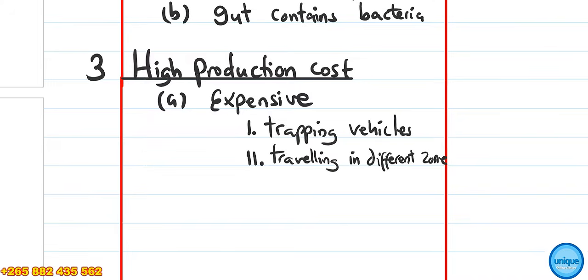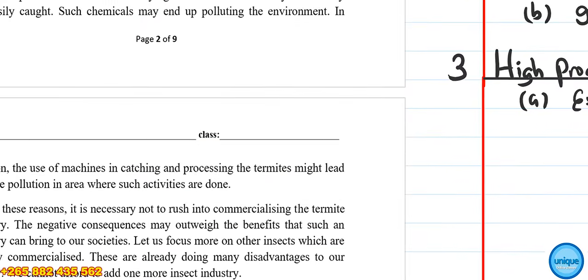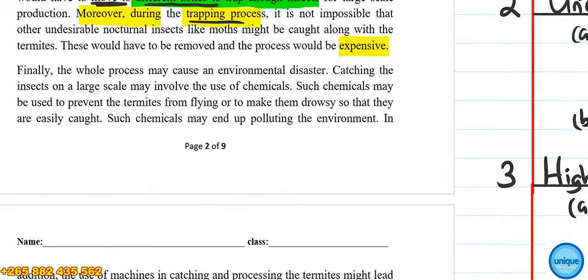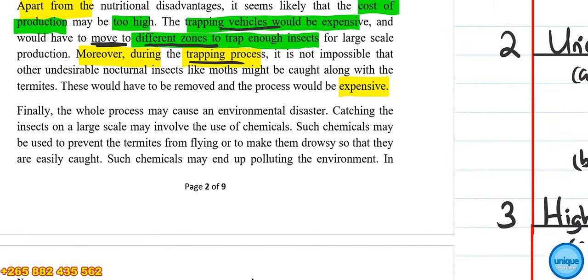And another one is the trapping process. Trapping process may be expensive. Up chingapangisa kuti kale expensive ni yani apa makamba zoti up is kupanga remove ma nocturnal insects.